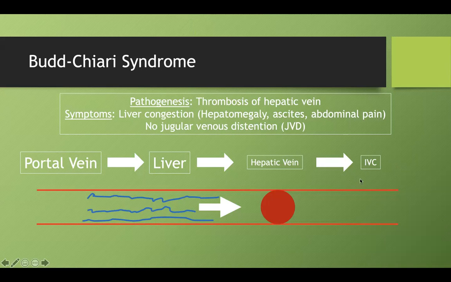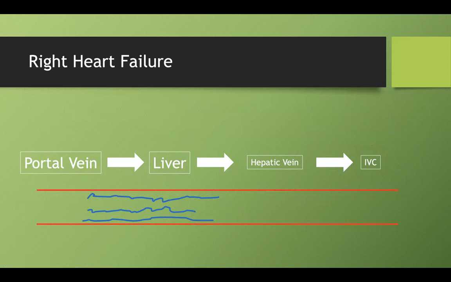Your IVC is one of your main veins as well, so if your IVC gets congested, it's likely that your jugular veins will also get congested. Let me show you what I mean. In Chiari syndrome, notice how our IVC is distal to the thrombosis. Because there's nothing actually making it to the IVC, there's not going to be any jugular venous distension.